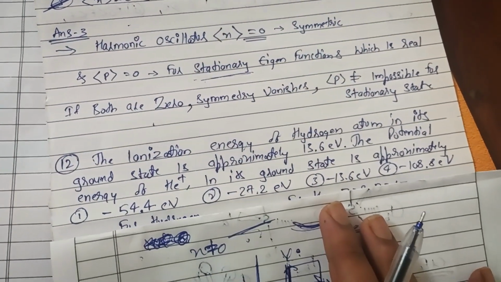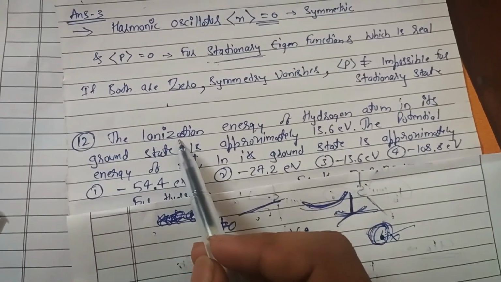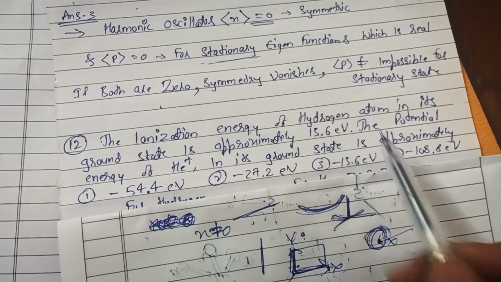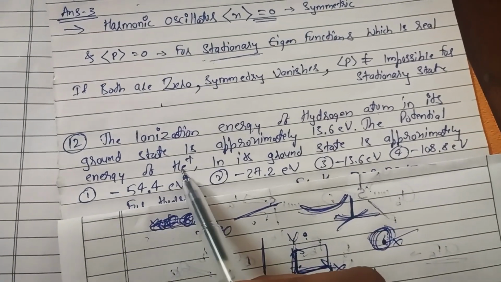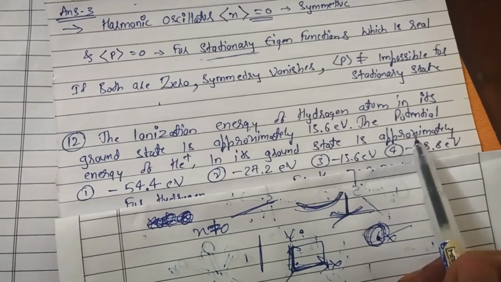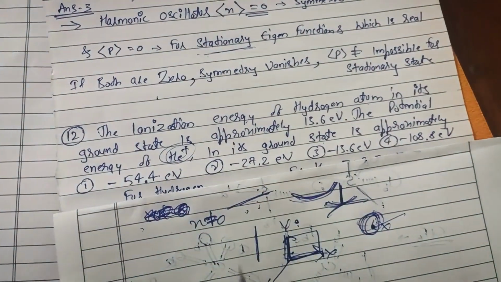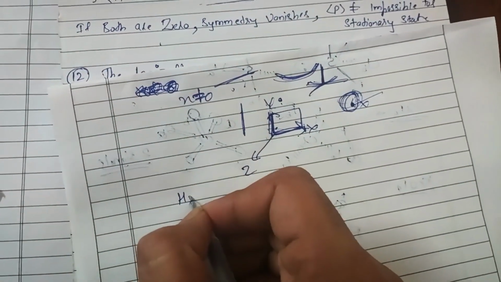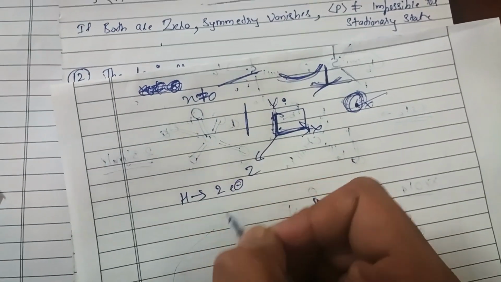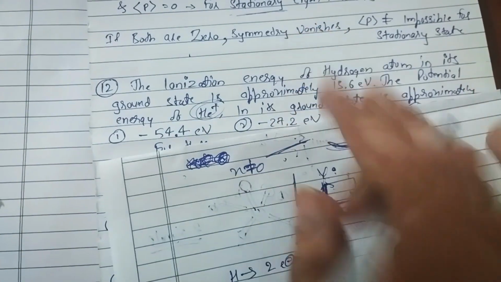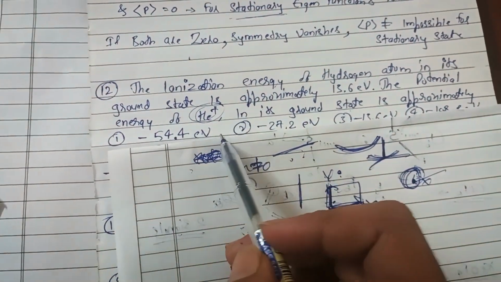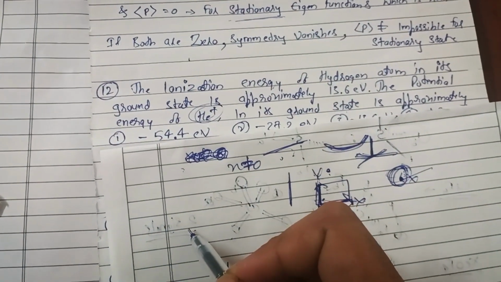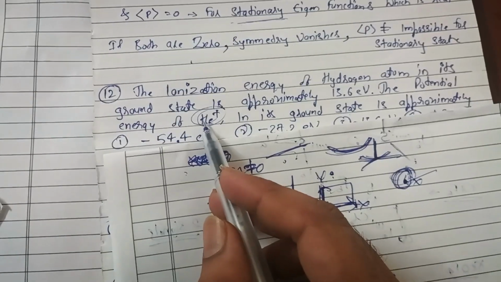Okay, next, the 12th question. The ionization energy of a hydrogen atom in its ground state is approximately 13.6 electron volts. The potential energy of helium plus in its ground state is approximately what? Here they are asking about helium plus, which means one electron is lost by helium, so there is one electron less.